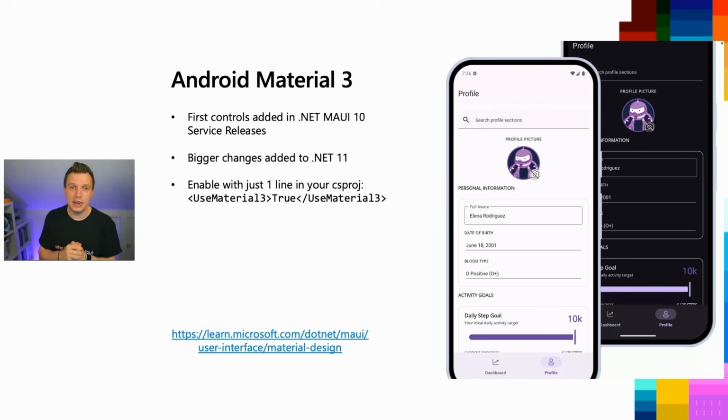We're not going to break you in any way, especially whenever API changes. But for Material 3, we can do an opt-in, again, one simple line in your CS proj, UseMaterial3, and boom, your Android application will be updated to the Material 3 design where we can, right? We are going through the controls where we can update them.